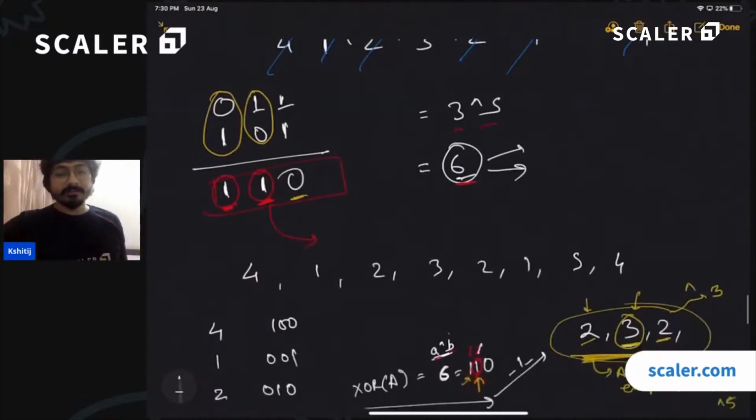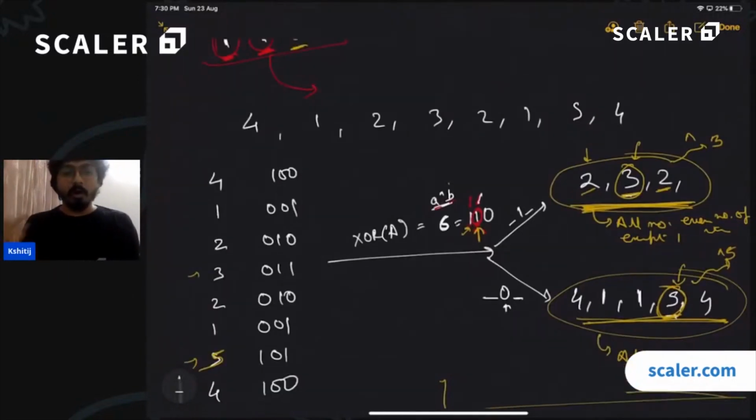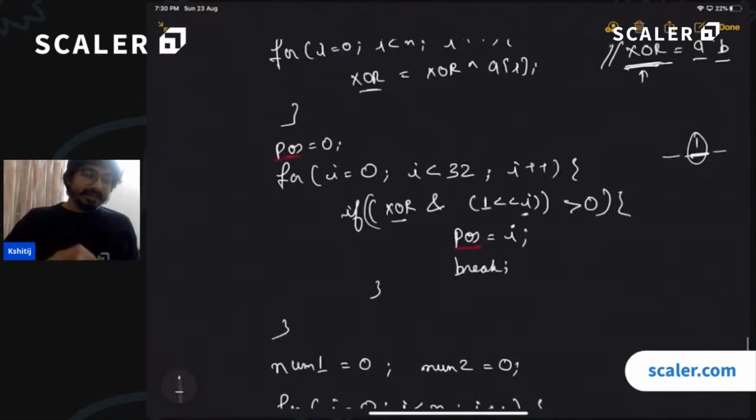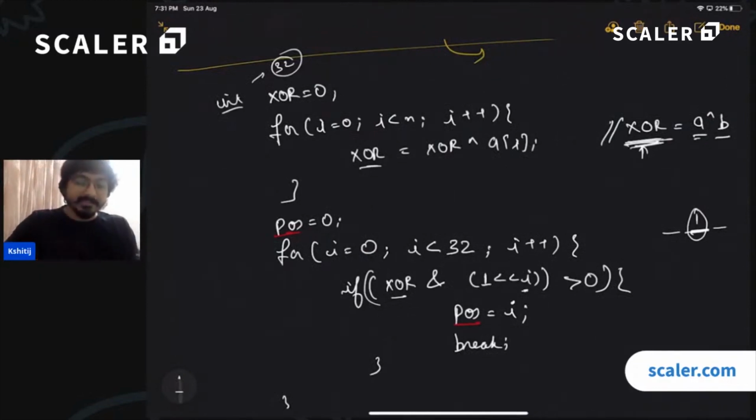Taking the XOR of all the numbers gave us the XOR of the two numbers that are appearing odd number of times. Once we get the XOR of the two numbers that are appearing odd number of times, this XOR gives us the information about at which bit position the two numbers are different.